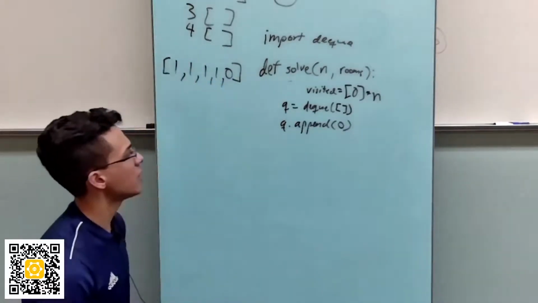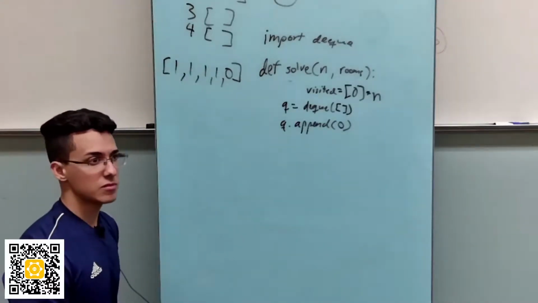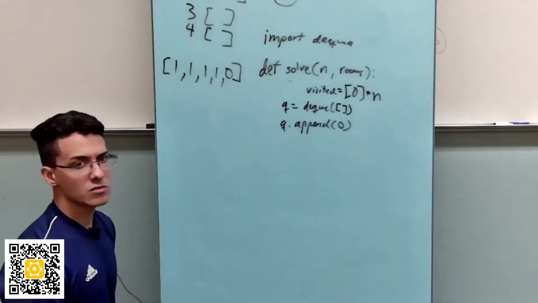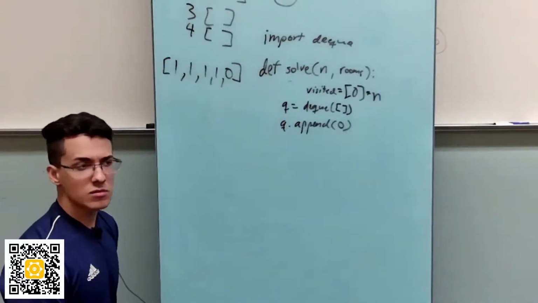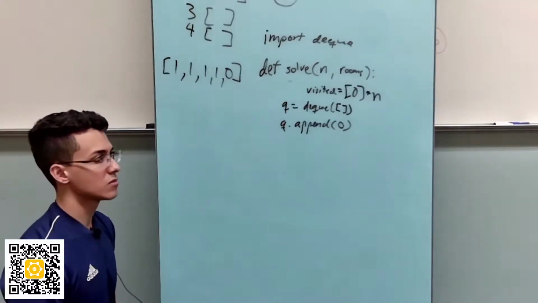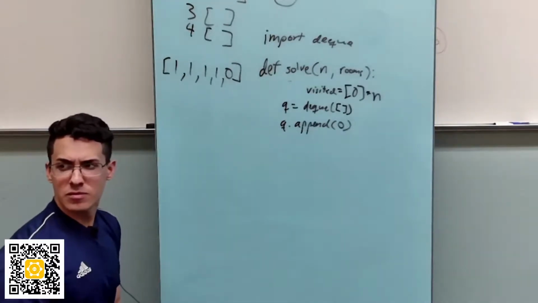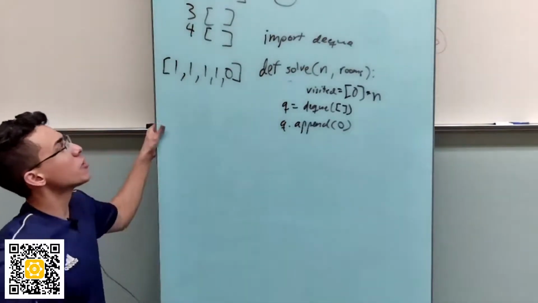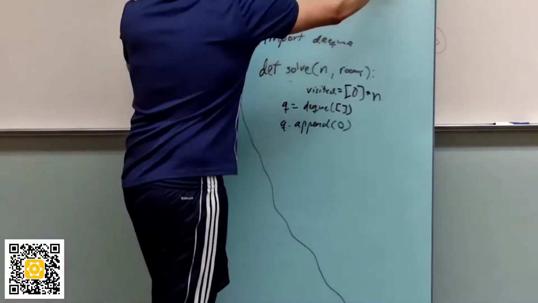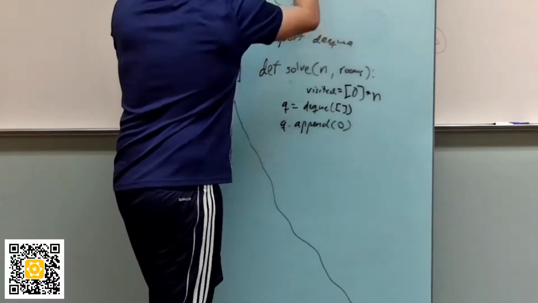We had a queue, we appended 0 because that's the one that's unlocked, then what? The next thing. Can you explain why you're using NQ? Because here's what we're going to do, right? So we're exploring zero.